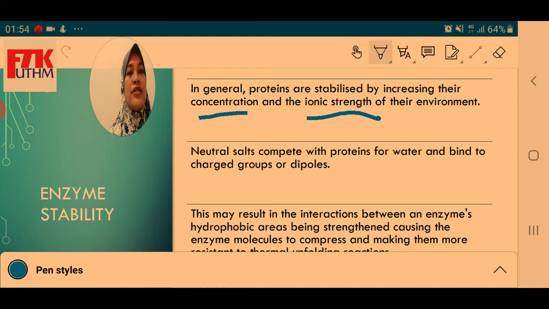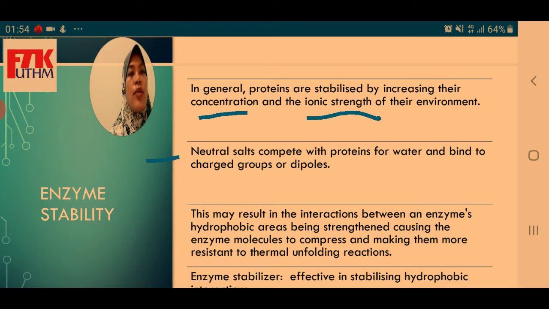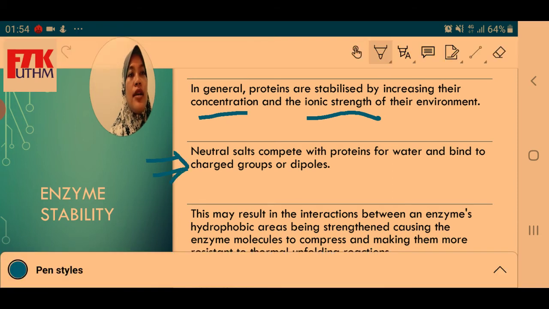Anions, cations, the salts affect the enzyme stability. Why? Because they compete with the proteins for water, to interact with water, and also to bind to charge groups or dipoles.